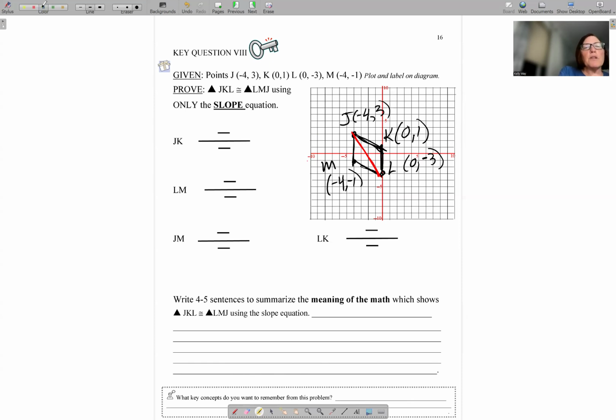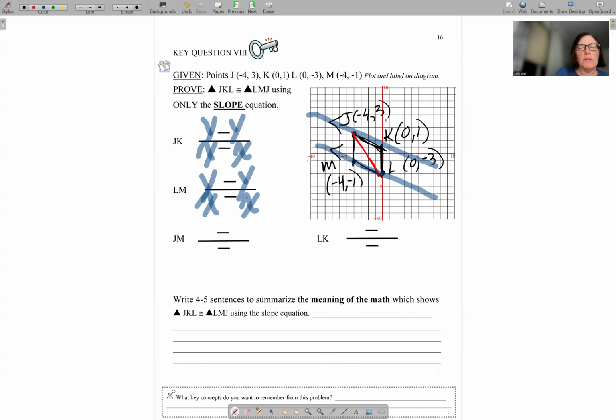So you're going to find the slope of JK. Here, again, that's y minus y over x minus x. Then LM, y minus y over x minus x. If you've done this correctly, those slopes are going to be the same, making these lines parallel. And then you're going to find the slope of JM and KL. Again, they should be equal, which implies they're parallel.